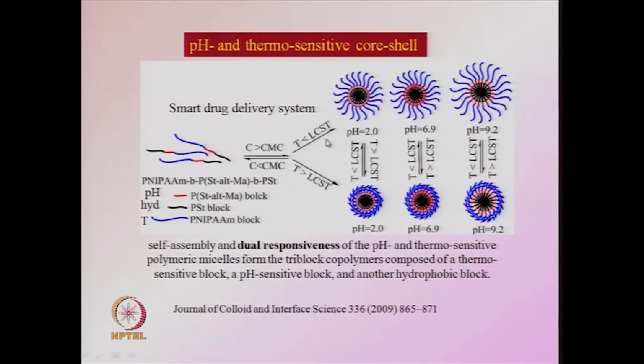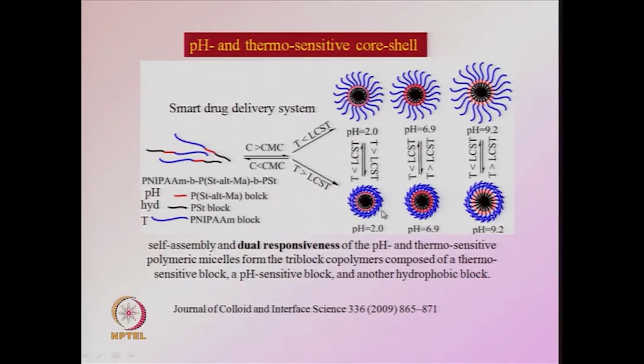Now, this is one change, that with change in temperature, at lower temperature you have this, at higher temperature you have this. Now, not only that, this can change with pH. So, this particular shape that you are seeing is seen at pH 2, but if you keep the same temperature and you increase the pH to 7 or 6.9, then you see the structure changes slightly.